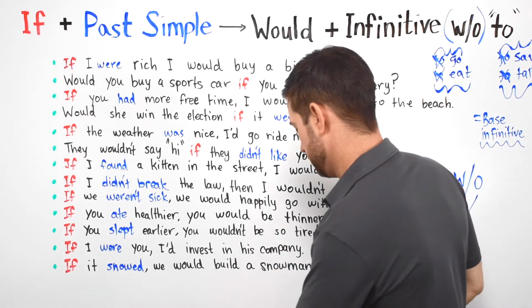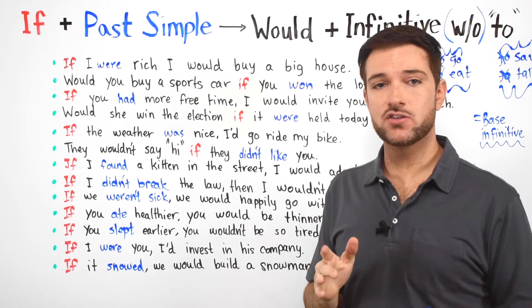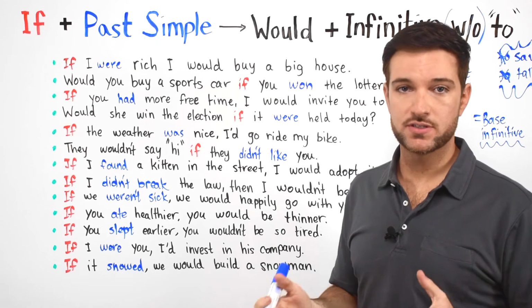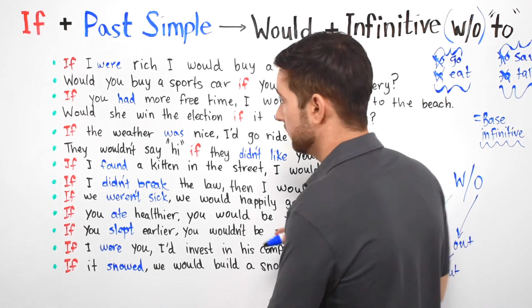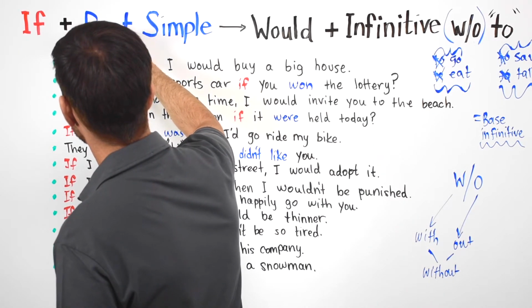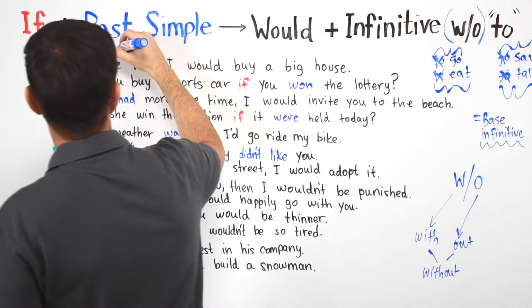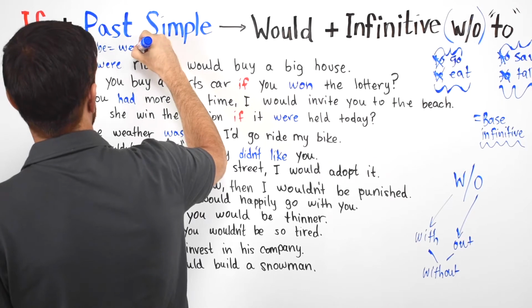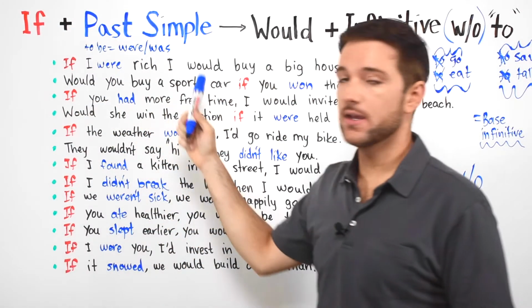I just want you to take a look here. Notice that in English, when we use this type of conditional, which is the type 2 conditional, the conjugation of the verb to be, because were is from the verb to be, and remember, the past simple of to be is were and was.